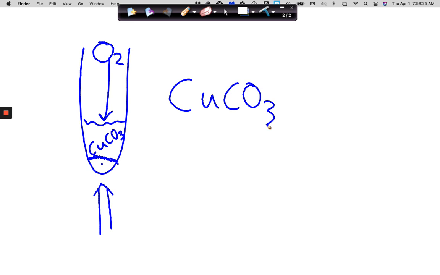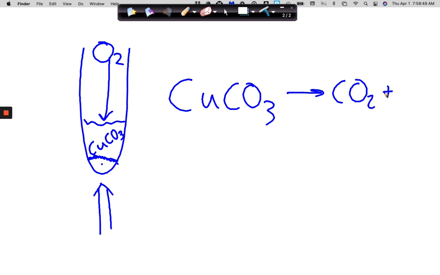Now luckily you tested for what one of those products is, because you shoved in your burning wood splint and hopefully it went out, which is a positive test for what compound? Carbon dioxide. So there's one of your products, and then you just need to figure out what the other product is. So guys, one of your products is carbon dioxide.